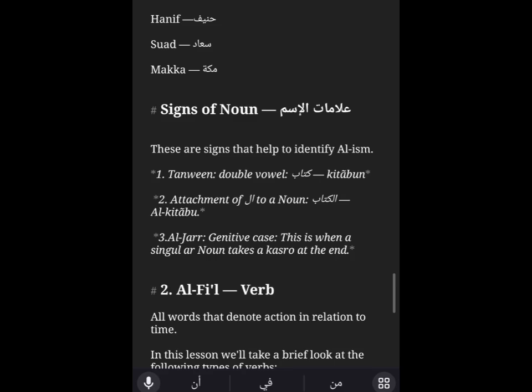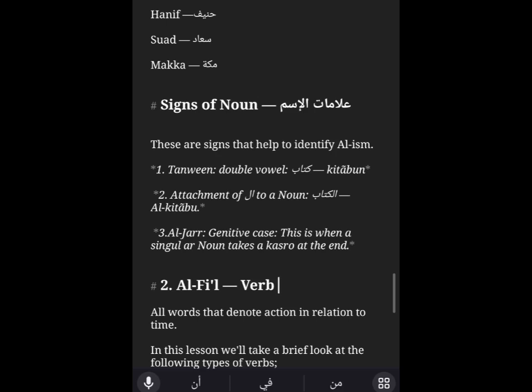You see, في دين, that's what we need there. And we have Allah also. You see, the word Allah also has a kasra. So this makes these two words nouns, unarguably. All right. So please take note of these three signs.